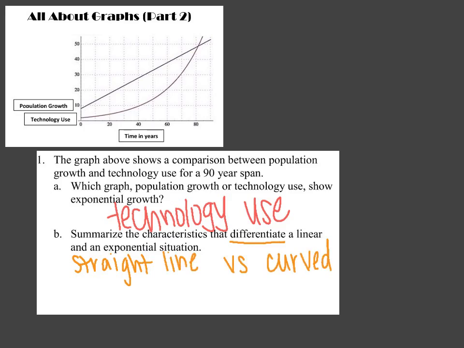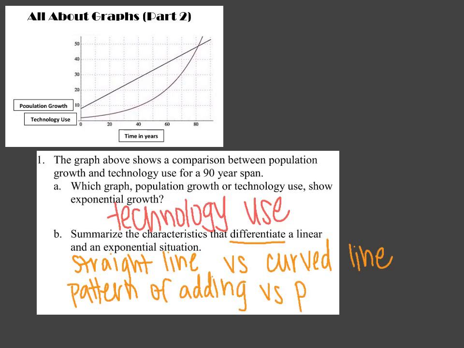So one of the characteristics that differentiate between the two is a straight line versus a curved line. Another thing that I know is that linear has a pattern of adding, while exponential has a pattern of multiplying.